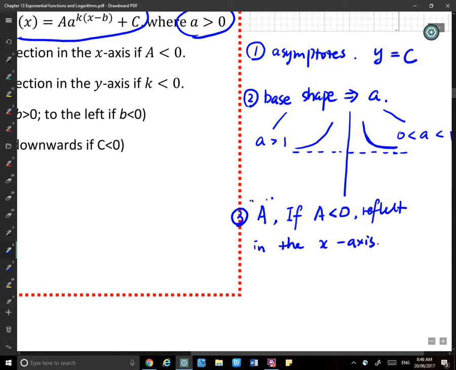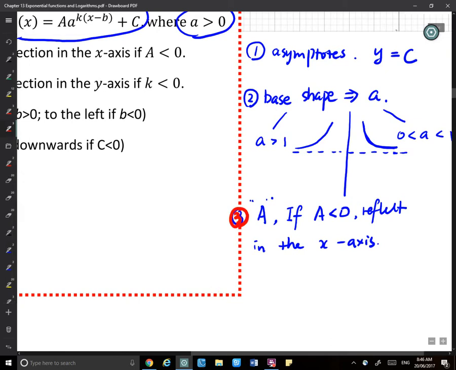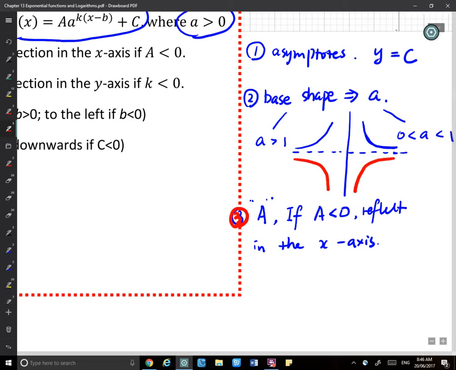You choose one of the graphs above, increasing or decreasing, and then look at the a value. If a is negative, you reflect by the x-axis. Let's say step 3 is a red graph. If it gets reflected by the x-axis, you have a shape like that. And if a is greater than 0, then it remains the same. You still have those two blue graphs.